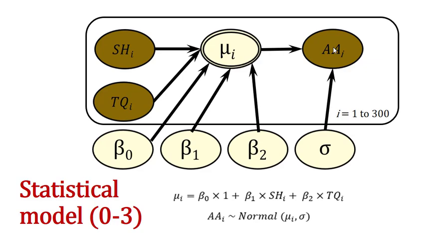So basically, in this approach, we calculate the parameters beta 0, beta 1, beta 2, and we use this formula to obtain 300 mu's. And these 300 mu's are the predictions of the model of the scores of academic achievement. So when we calculate beta 0, beta 1, and beta 2, we have to come up with values that will try to minimize the error of the prediction.